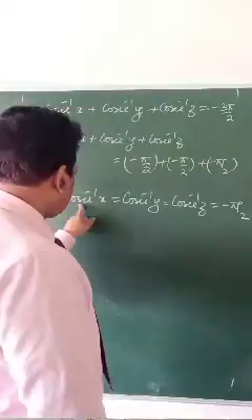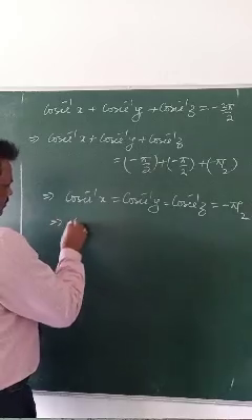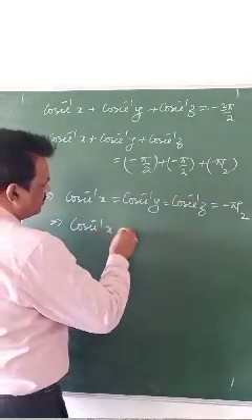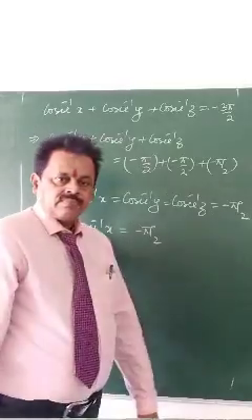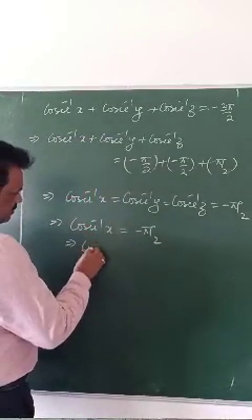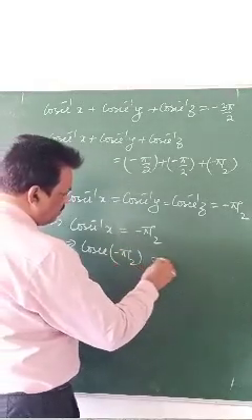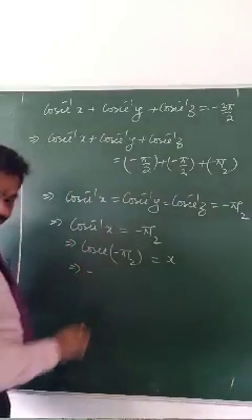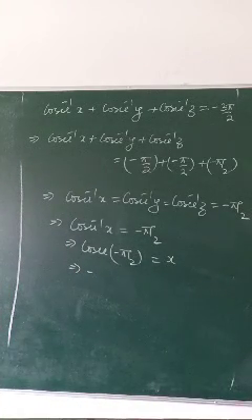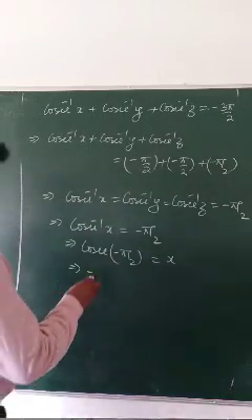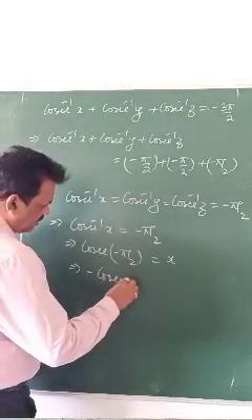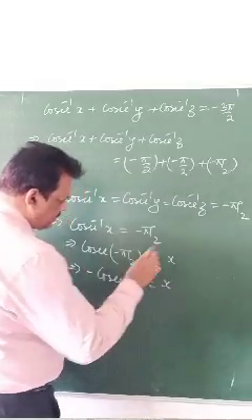So if I consider the first part, cosec inverse x equals minus pi by 2 implies cosec of minus pi by 2 equals x. This implies minus cosec pi by 2 equals x.